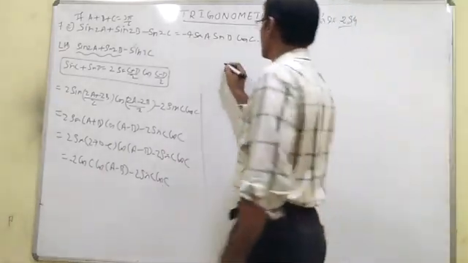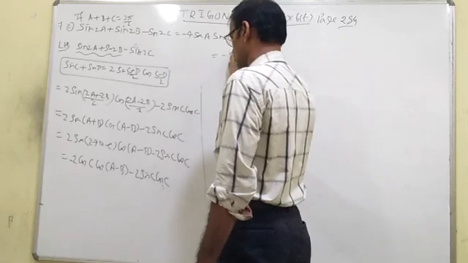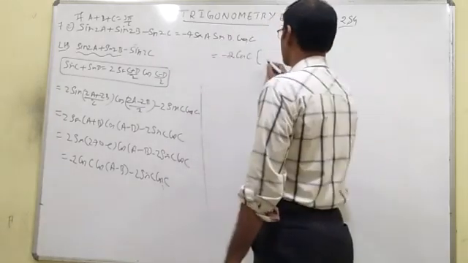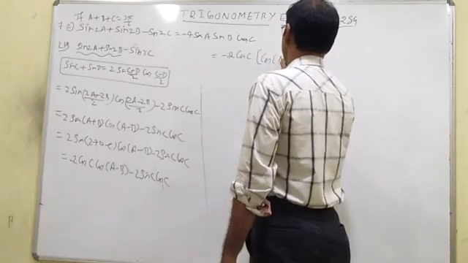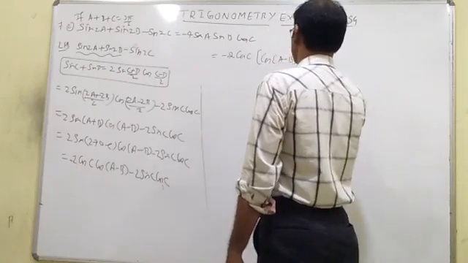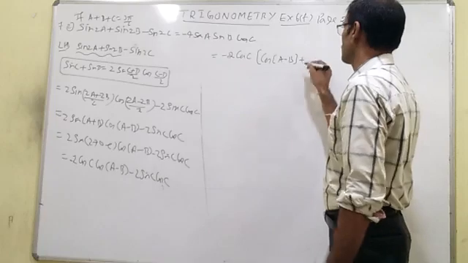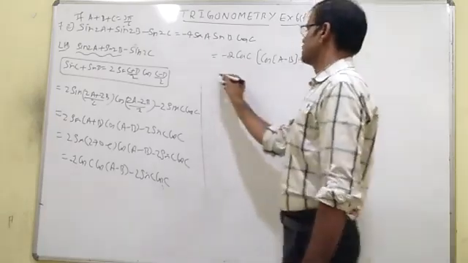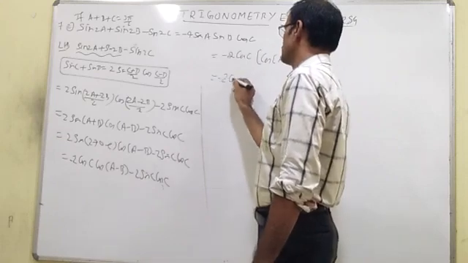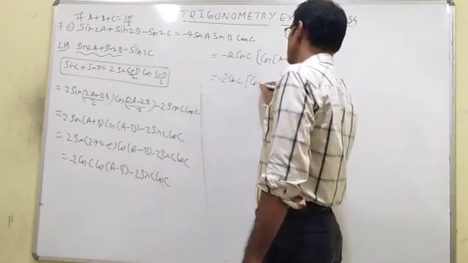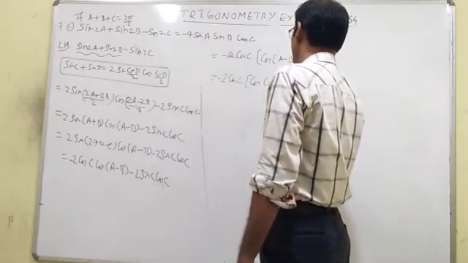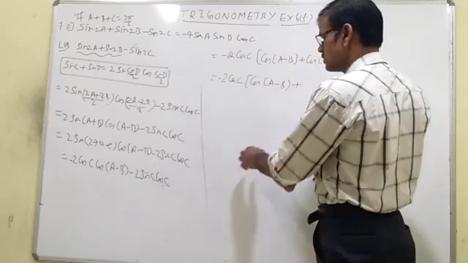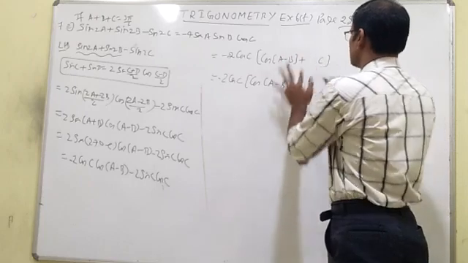Which term can you take common? Along with the minus, you take common minus 2 cos c. So you write cos of a minus b. Whenever minus is taken common, you write plus here: sin c.